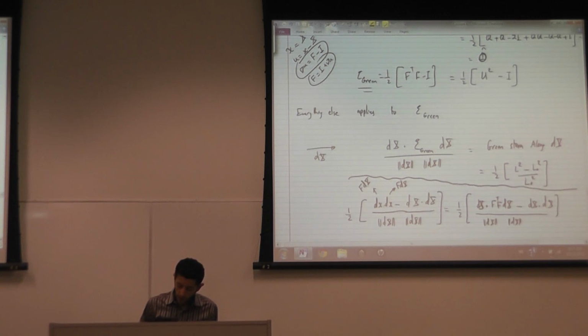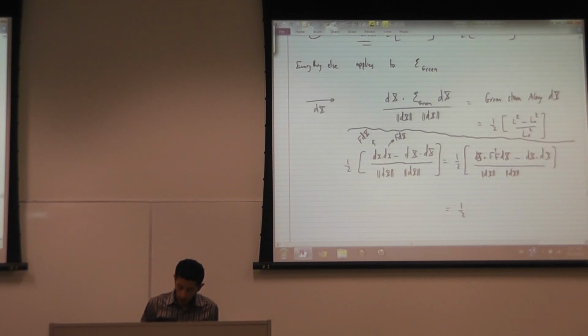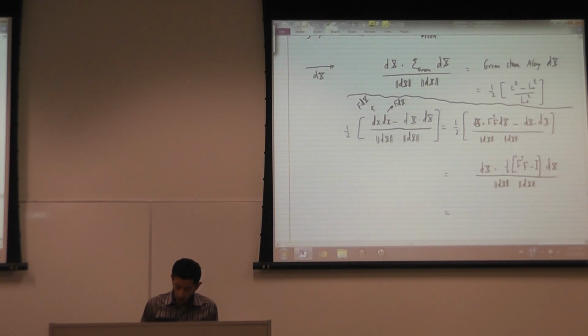Because of the linearity of the dot product, I can take dX as a common factor, and put everything here, which is basically what we just defined as our green strain matrix.